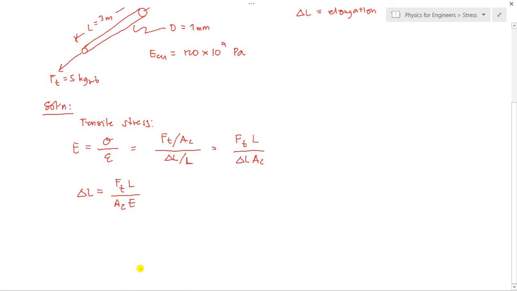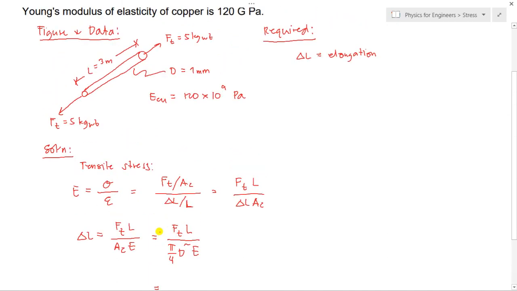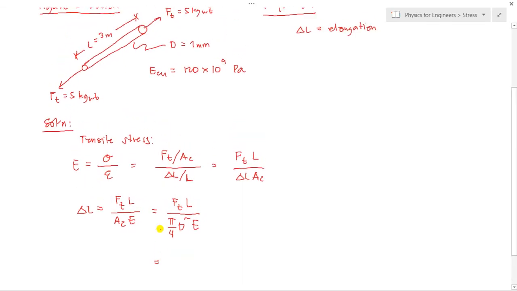Okay, so since this is a circular man siya nga wire, so that is F T L all over pi over 4 d squared E.